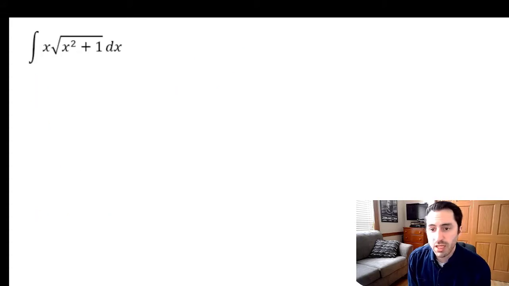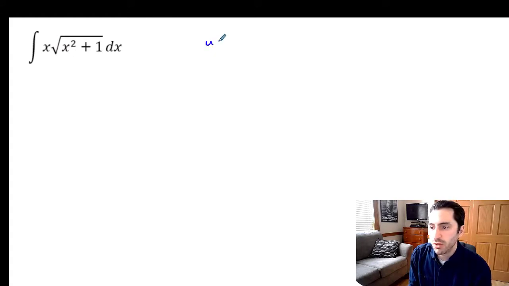So in this one, the integral of x times the square root of x squared plus 1 times dx. So here's another situation where if I take the derivative of what's underneath my radical, so the derivative of x squared, the degree goes down 1, which would give me an x to the first, and then the only difference would be some constant factor out front.